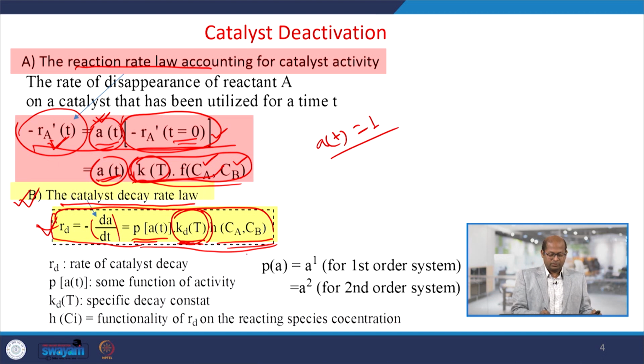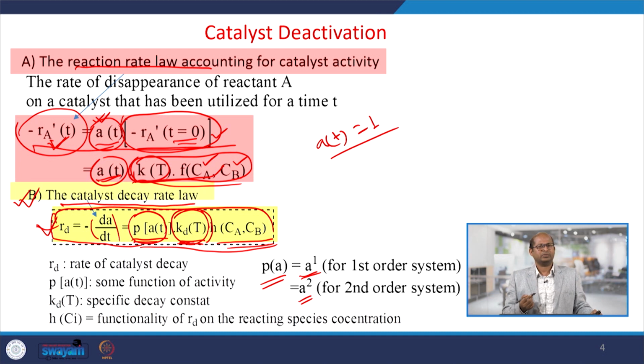So, this decay or catalyst deactivation is a function of activity, which we can express as a to the power n: if it is first order, then a, if second order, a to the power 2. So, it may be first order, second order, or zero order like normal reactions.